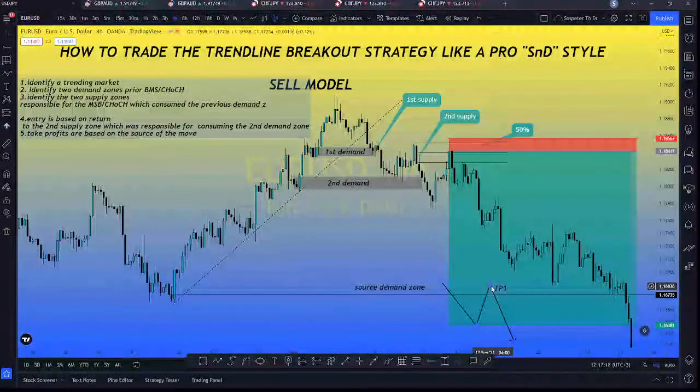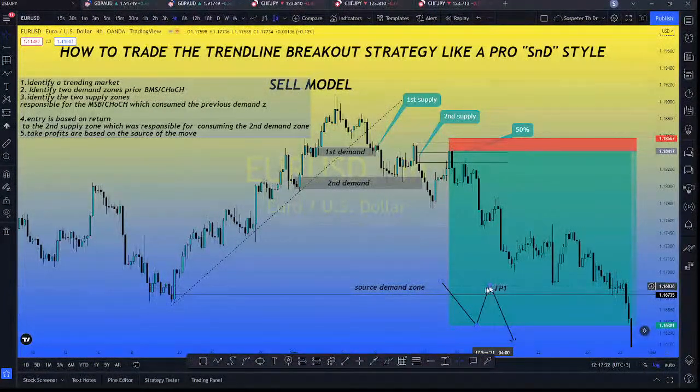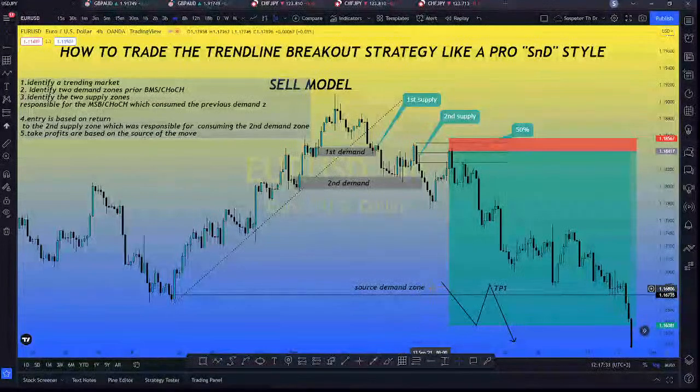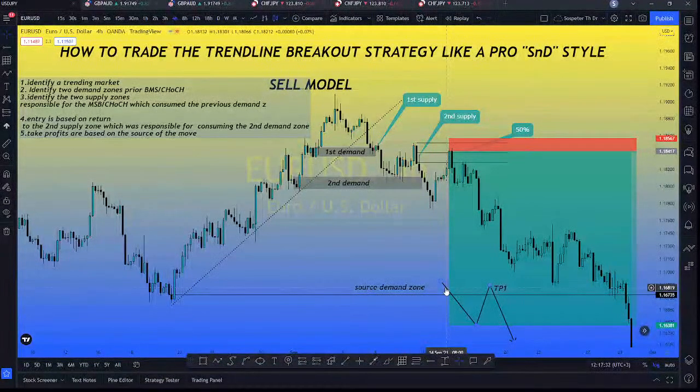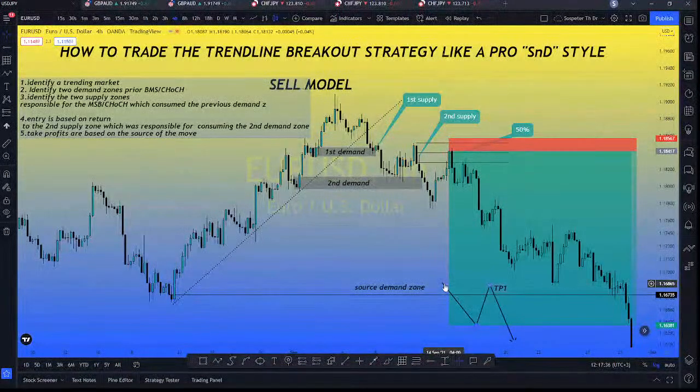So as a pro retail trader, you have to be patient enough and look for a significant zone above that support, because that's where they're gonna do the stop hunt, and that's your entry. Your stop hunt is your entry, and ride with them. I hope this example is clear. I'm gonna show 2 or 3 more of the sell model. I hope I'm clear.